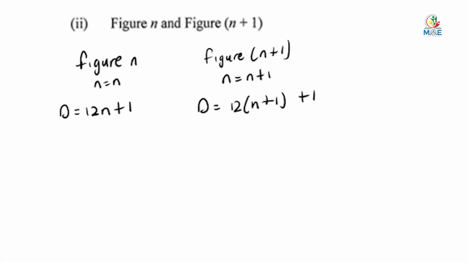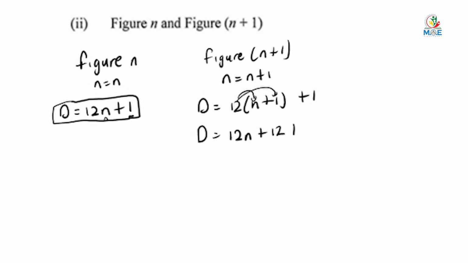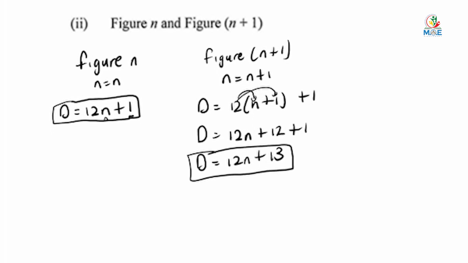So replacing n with n plus 1, that is the figure that we want to find. We work this out using some algebra. 12 multiplied by n will be 12n, and 12 multiplied by 1 will give me plus 12, and then I add the 1. So the number of dots in this figure will be 12n plus 12 plus 1, which is 13. So the number of dots in this figure will be 12n plus 13.